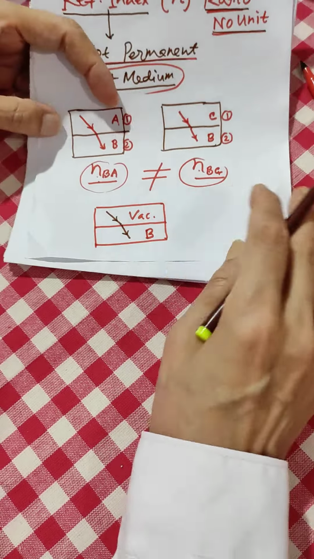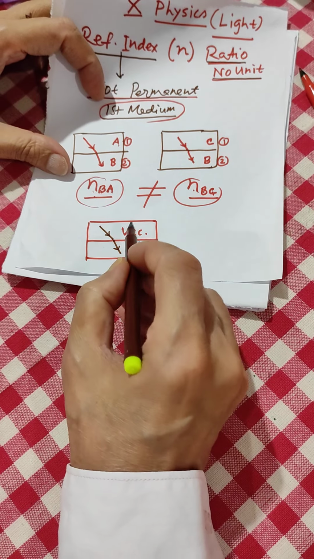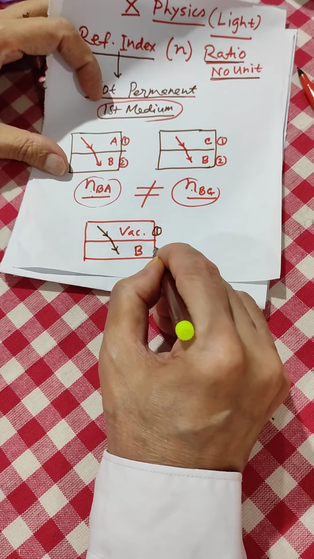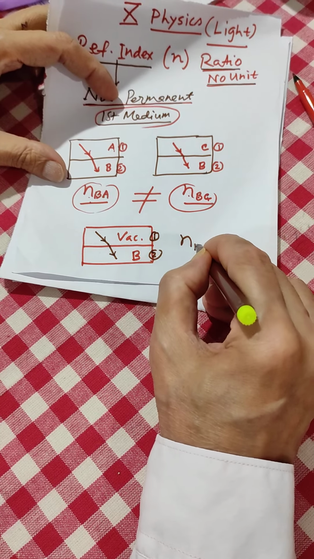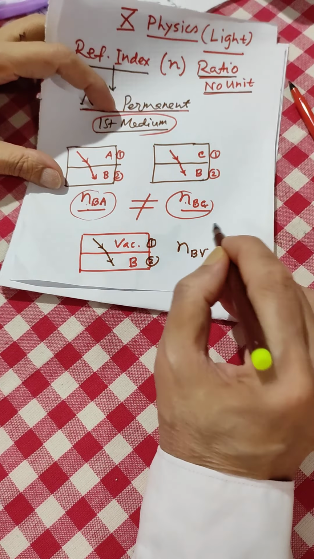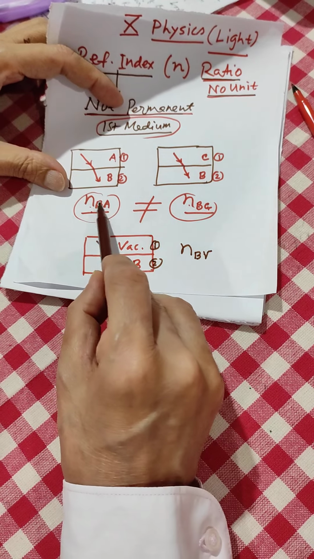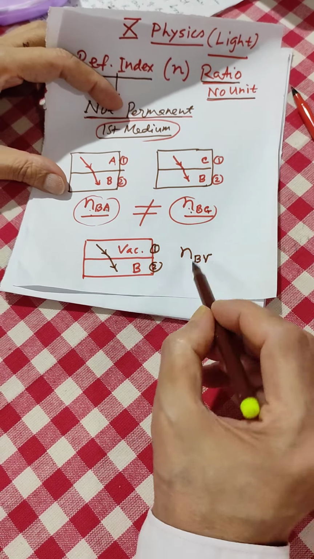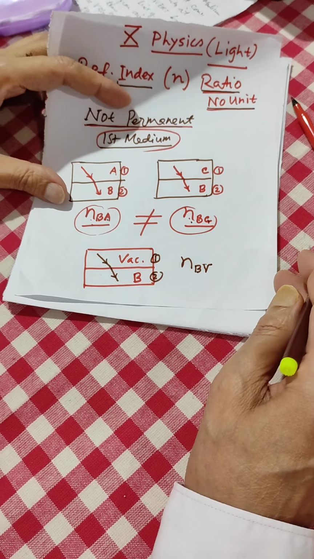Now in this figure you see light is entering from vacuum to medium B. So vacuum is the first medium and B is the second medium. Now this one, refractive index of B with respect to vacuum. Alright. Now you see all these three will be different. This is with respect to A, this is with respect to C, this is with respect to vacuum. All these three values will be different, not the same.